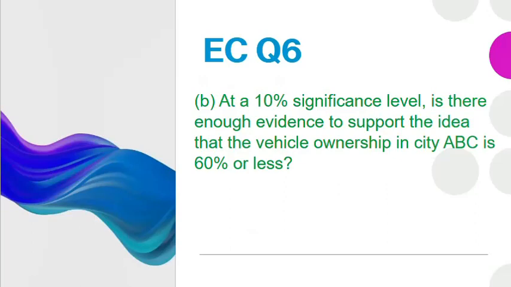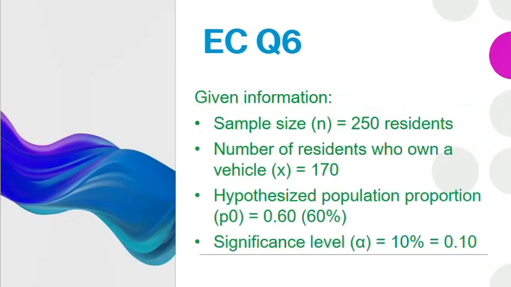Part B, the next part of the question, asks, at a 10% significance level, is there enough evidence to support the idea that the vehicle ownership in city ABC is 60% or less? So let's start off, as always, with analysis of what we are given. From the question stem, we know the sample size, or total residents, which is n, and the value is 250.